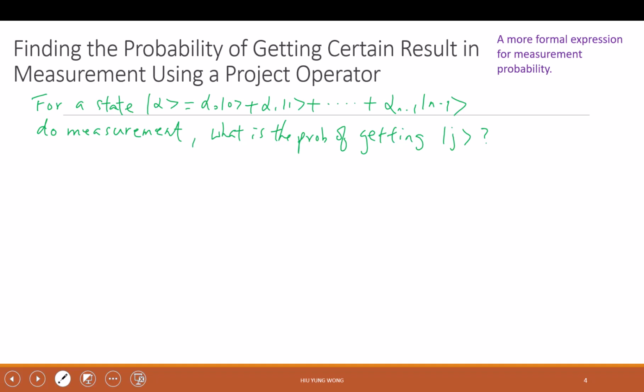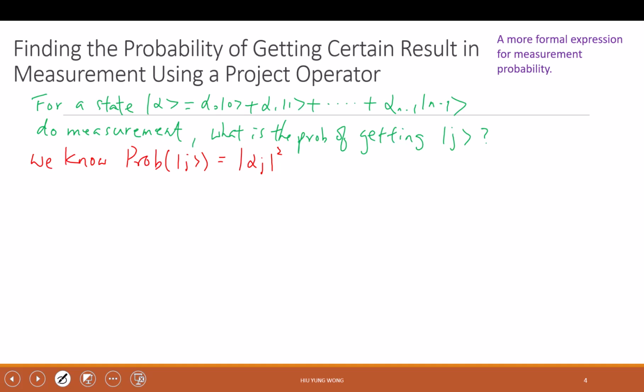Yeah, good. You gave the right answer, collapse. But what is the probability of it collapsing to J? And he says alpha_J squared, magnitude squared. So we know that already. We know the probability of getting J equals |alpha_J|^2.